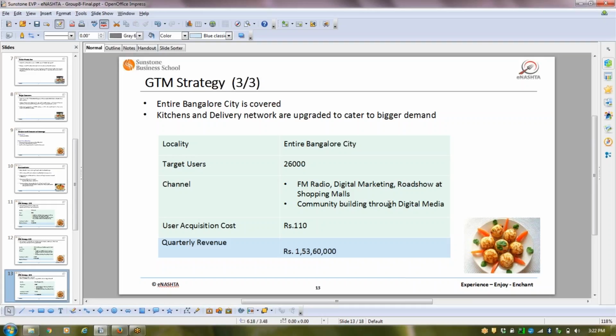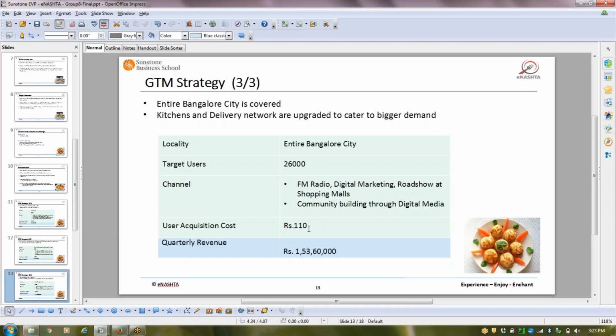In the first 2 phases, they've been doing the roadshows at apartment units, which is much cheaper, but the conversion rate and the target audience would be much lesser. But when you go to a mall, the footfall will be much higher, but it is a little more expensive. So in that way, they are able to reduce their customer acquisition cost to 110.